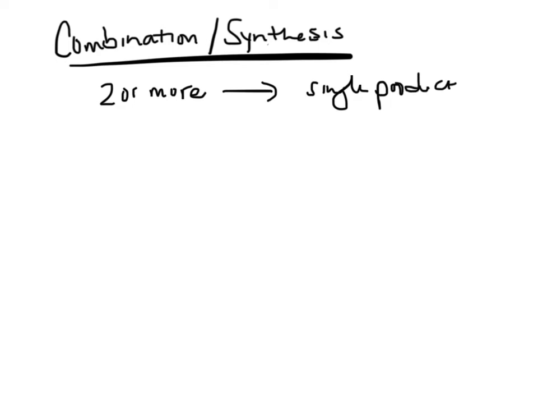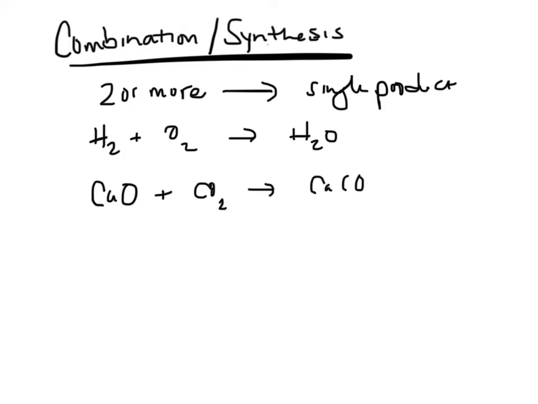An example of this would be hydrogen and oxygen making water, or calcium oxide and CO2 making CaCO3, or perhaps aluminum and bromine making AlBr3.